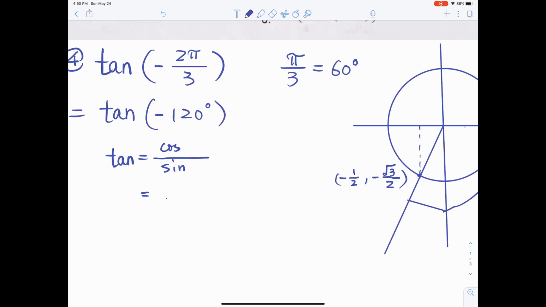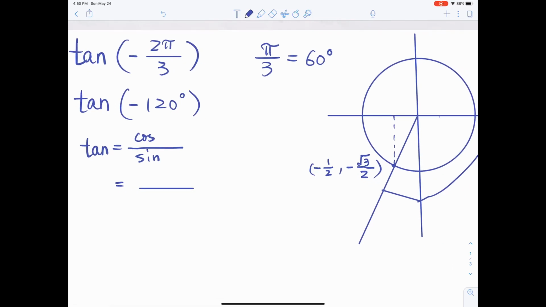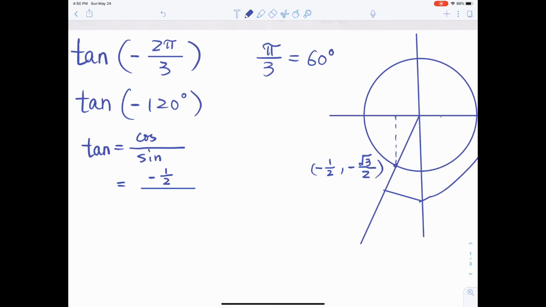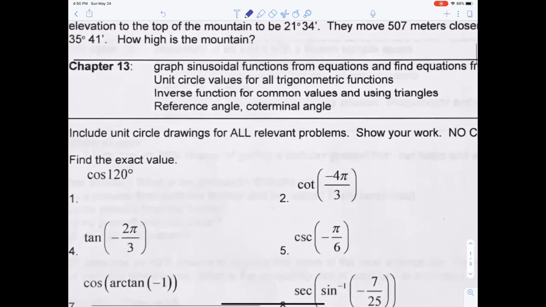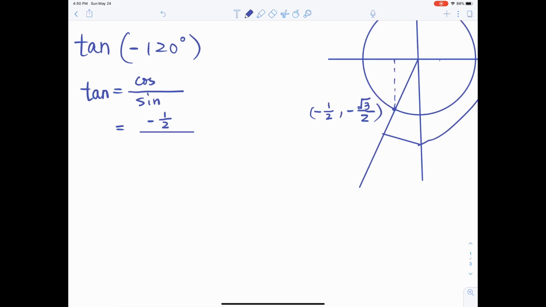So cosine is the x value. X value is negative half. And sine is the y value. Y is negative root 3 over 2. Negative, negative, we can cross cancel.